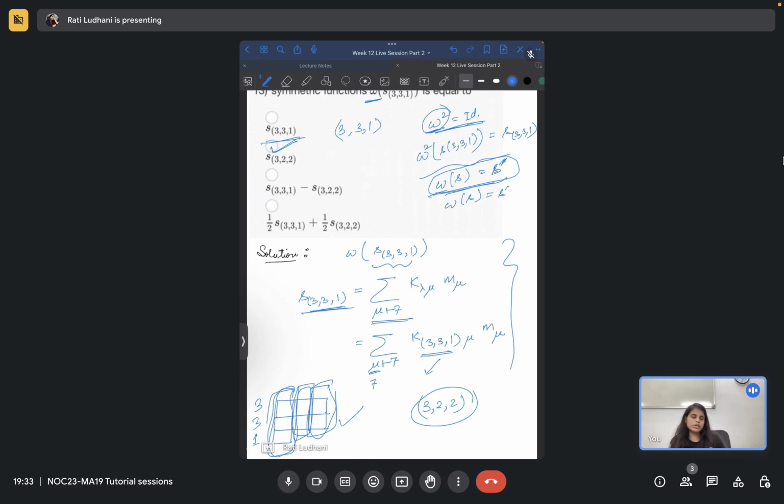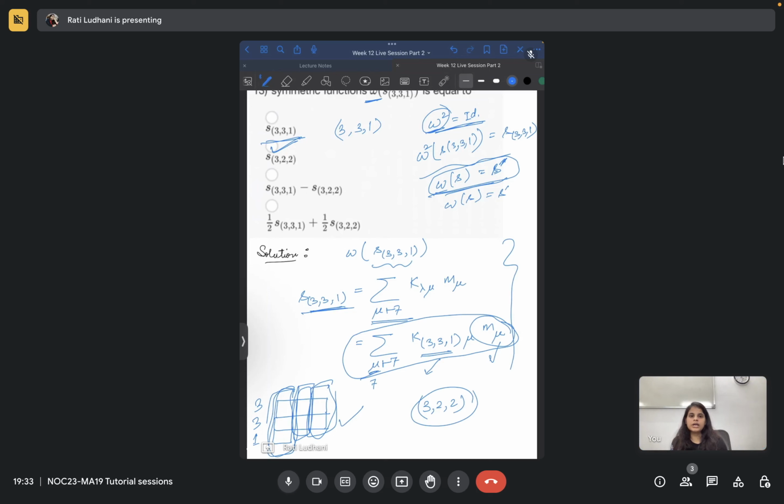So if you know that, you can definitely use it. One project book I saw. I just didn't want to use that because it was not in the notes. But actually it's good to use that, because one way is you can write this in terms of m_mu, and then try to write m_mu in terms of e, h, or power sums, and then you know what omega does on those things, right?